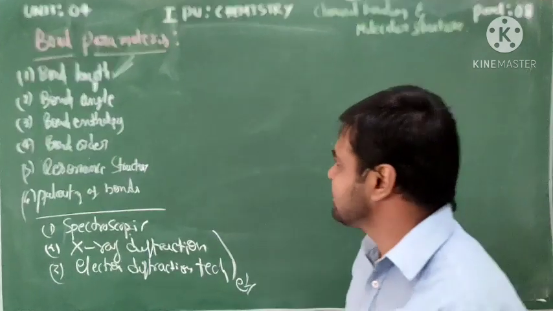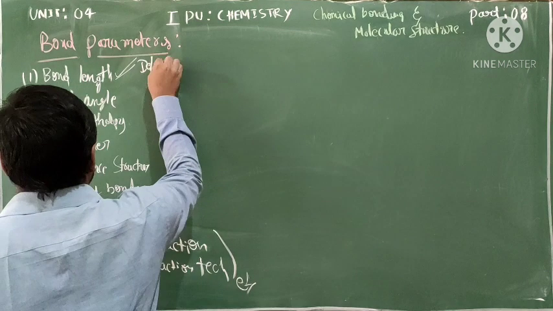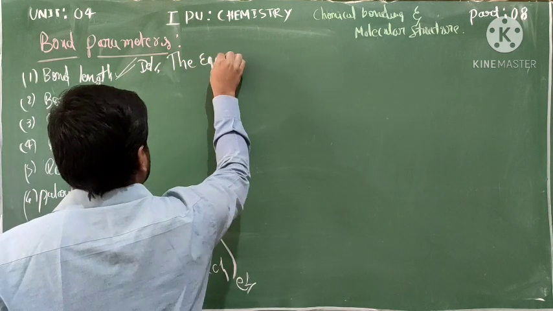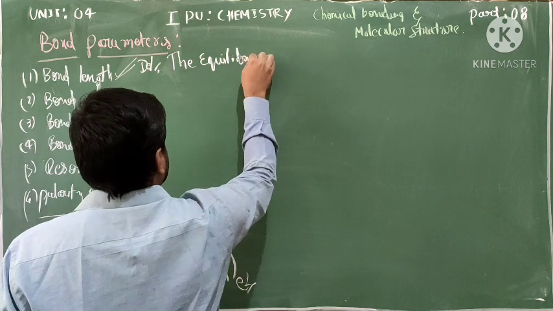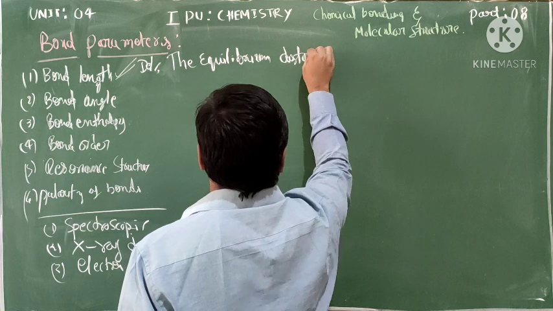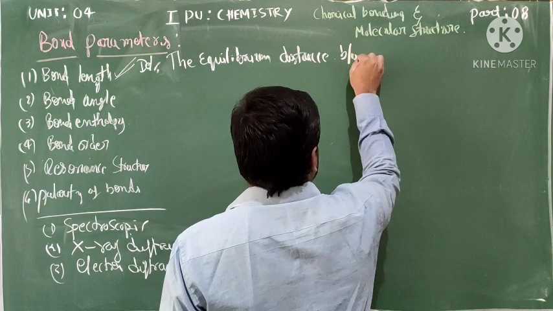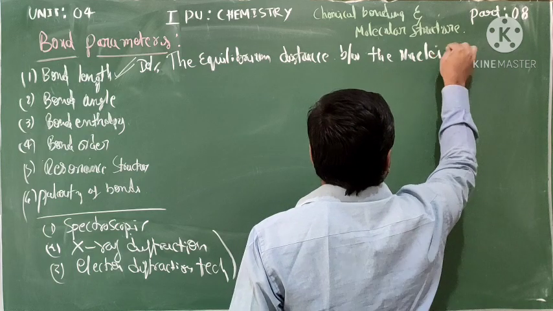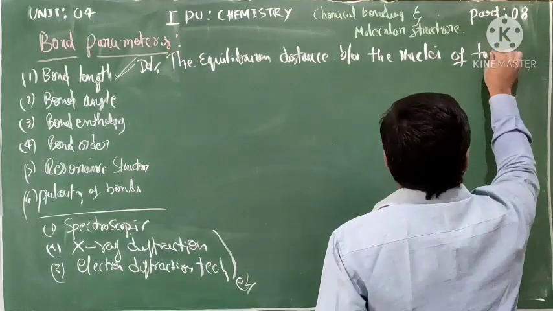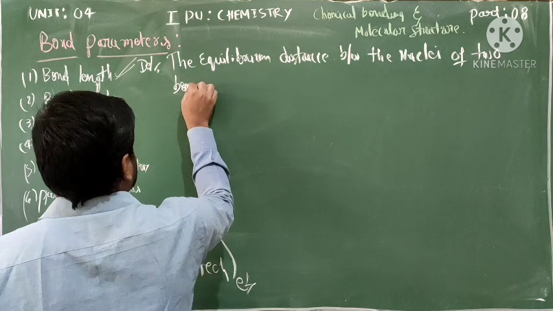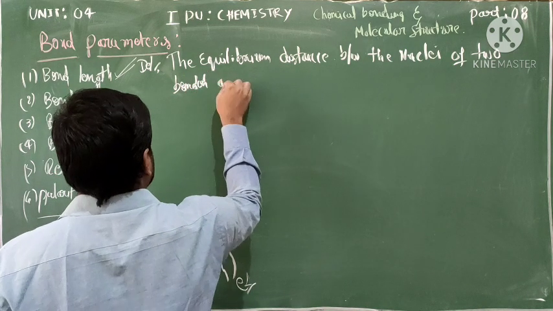Bond length is defined as the equilibrium distance between the nuclei of two bonded atoms in a molecule. So the definition is the equilibrium distance between the nuclei of two bonded atoms.